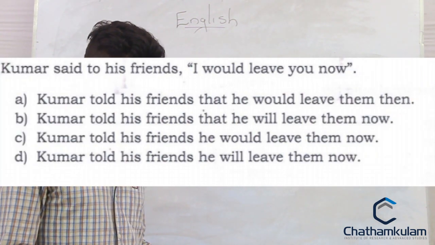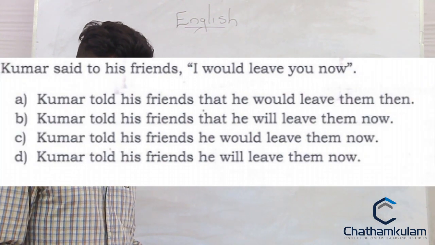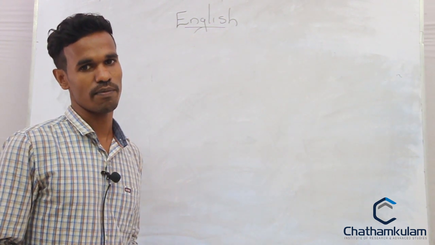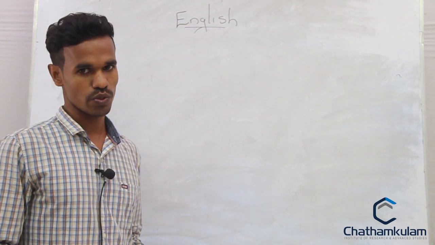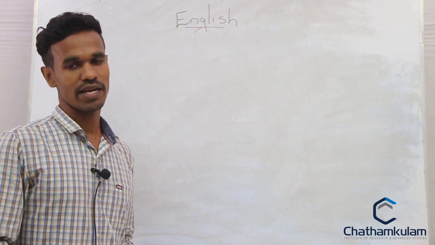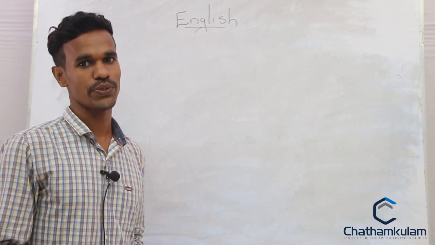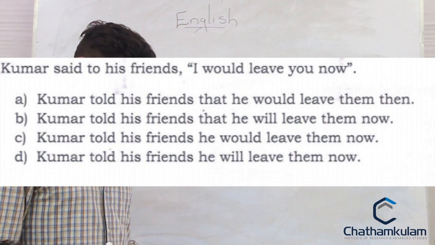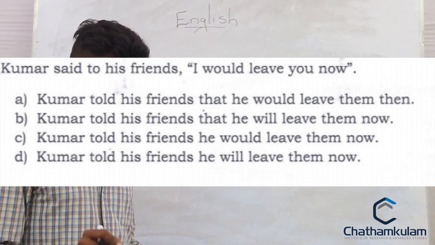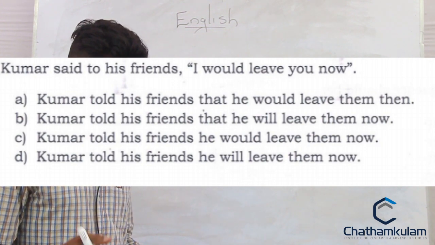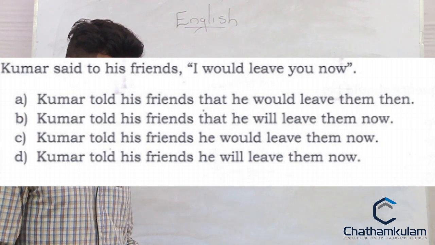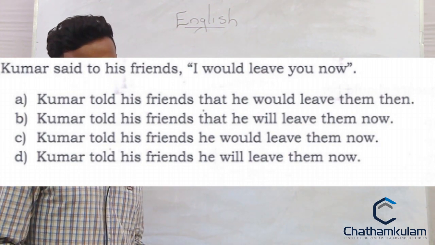The second question is: Kumar said to his friends, "I would leave you now." The words are put in inverted commas, and you want to change that statement into indirect speech. Let us see the options. Kumar told his friends that he would leave them then.